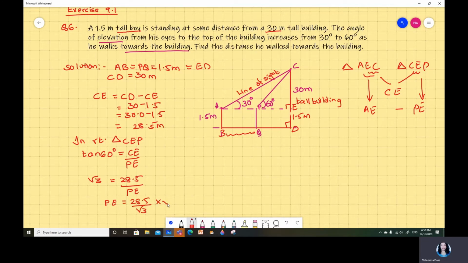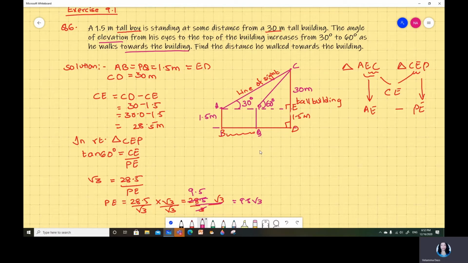We can rationalize by multiplying with root 3 and root 3. So we'll get 28.5 root 3 upon 3. Can we cancel it? Let's see, 8 plus 2 is 10, plus 5 is 15. So it follows the divisibility rule of 3. So we can cancel, and here we are getting 9.5 root 3.